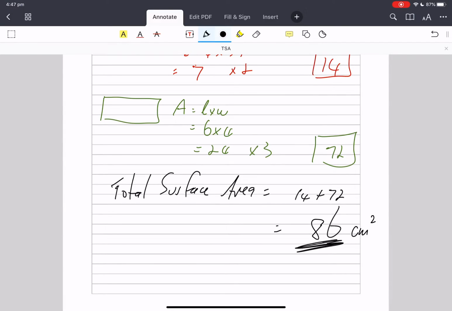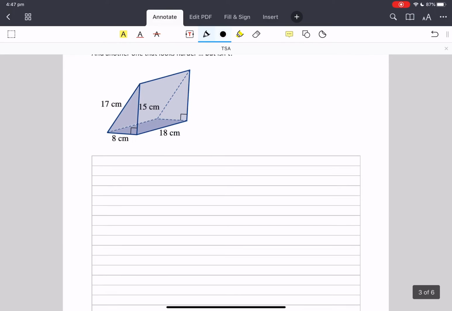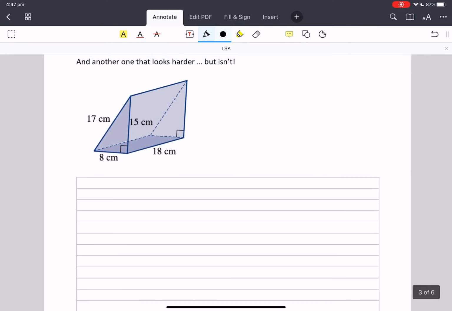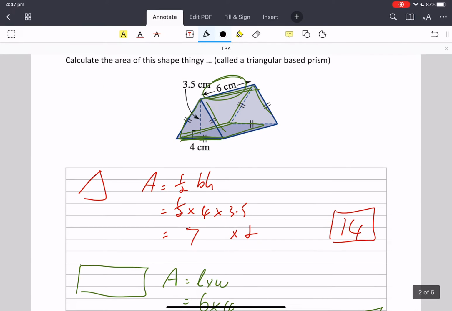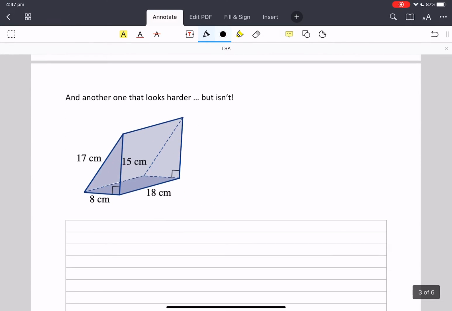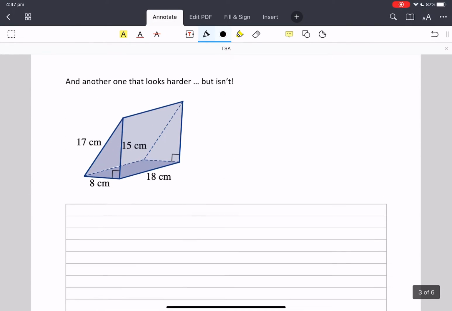centimetres squared. Okay. Not all triangles are the same. In that particular one, we had 3 rectangles on the bottom and both sides. They were all the same, but this one isn't the same. So let's just follow the process.